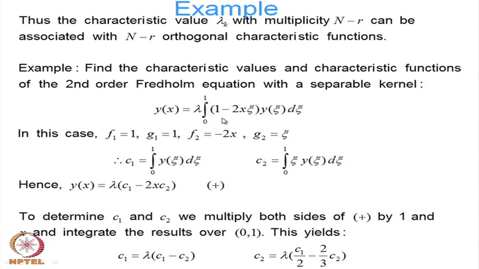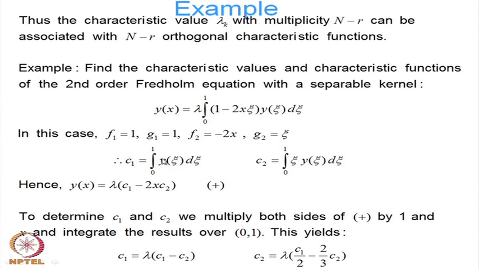So, that is a homogeneous Fredholm equation with a separable kernel, and then we evaluate our C1 and C2. Recall that C1 is the integral of g1(xi) with y(xi) over that interval, and C2 is the integral of g2(xi) with y(xi).